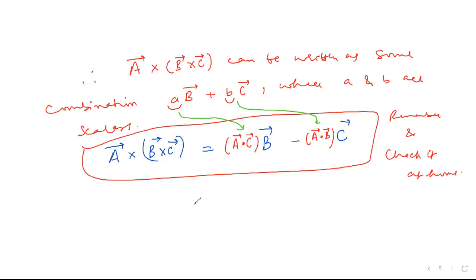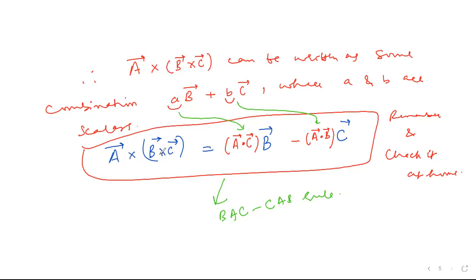It is sometimes called the back cab rule. Because you can write A cross B cross C as BAC minus CAB. But here A is dotted with B and A here is dotted with C.